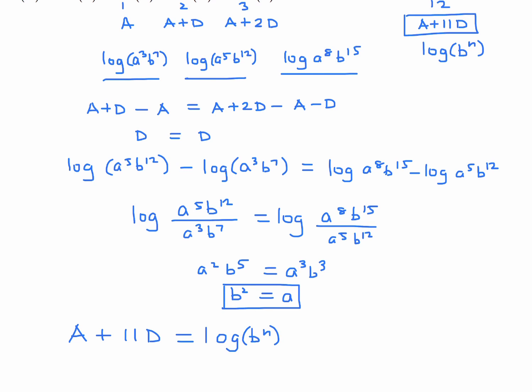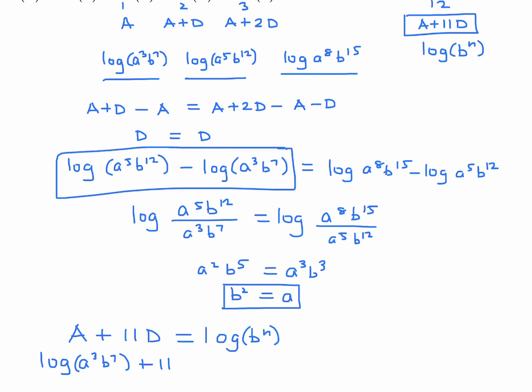All right, well, no problem. a I can figure out, and b I can figure out. a from up here is the log of a^3 b^7, and then 11d. d is basically the second term minus the first term, right? Exactly what we did here. That gives me d.